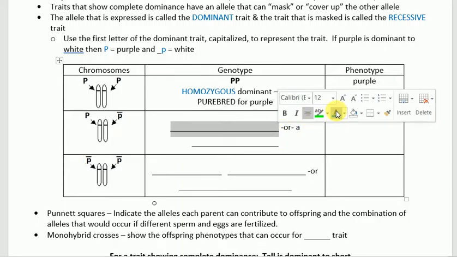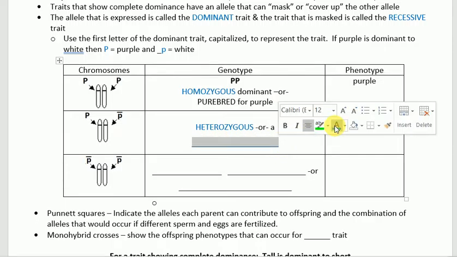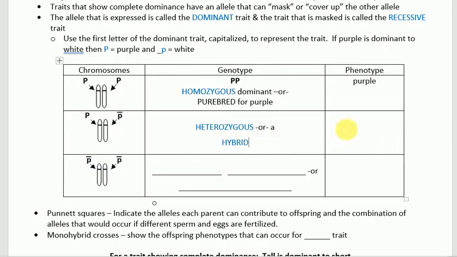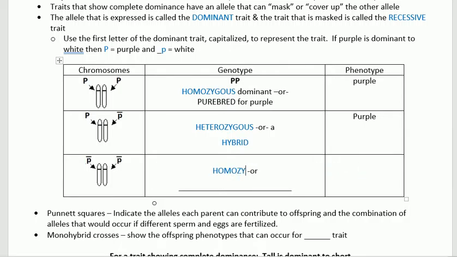This is referred to as heterozygous, meaning different. It can also be referred to as a hybrid. Our phenotype here, since we have a capital P over a lowercase p, will once again be purple. Here we have two lowercase p's. This is referred to as homozygous, again meaning same, recessive.